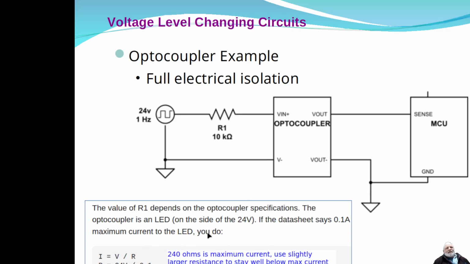So if the maximum current is 0.1 ampere, then that's going to give us 240 ohms. Here it says 240 ohms is the maximum current. What they're saying is if you make R1 240 ohms, then it will give you maximum current. That's a little confusing the way that was worded.